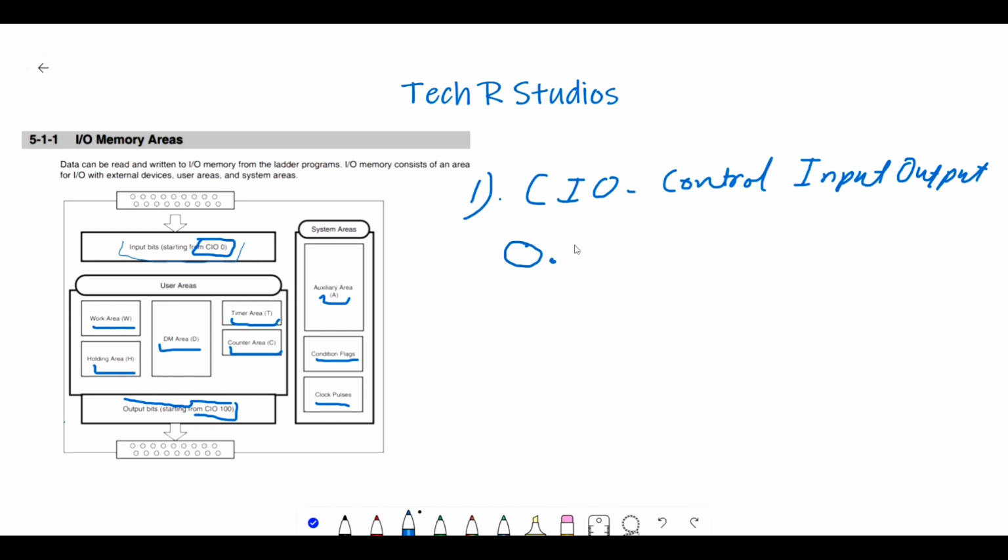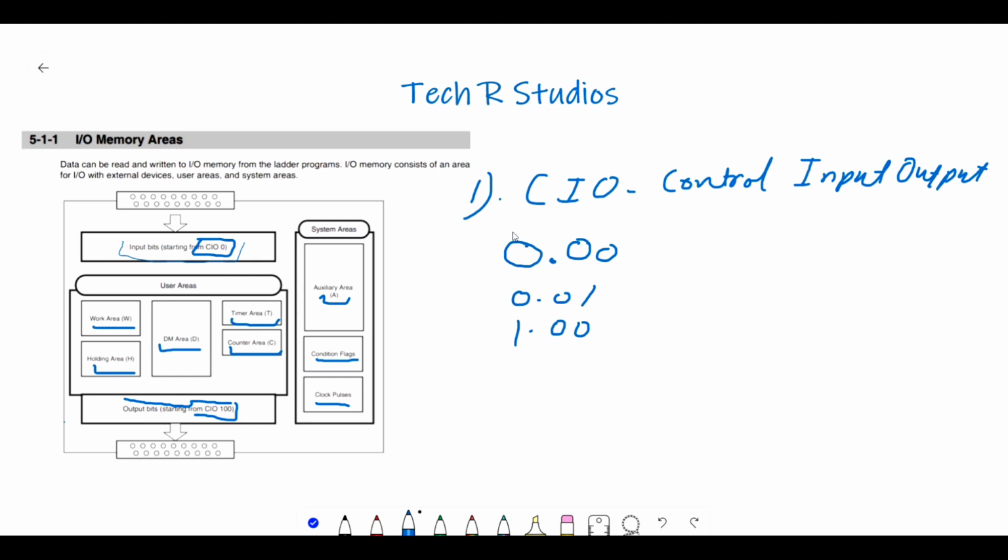As we know, in a word there are 16 bits, so we can number them from 00 to 15. So let's say it's 0.00. Then next will be 0.01 and so on. Also we can say 1.00. So all of these are CIO memory areas.